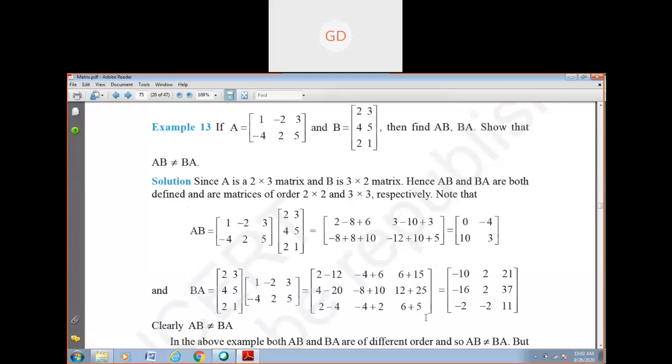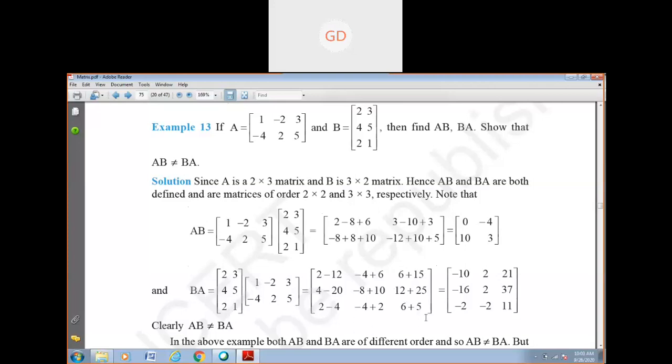First row into first column, you will have the first element. First row into second column, you will have the second element. First row into third column, you will have the third element. Since we are multiplying by the first row, you are getting the first row here.